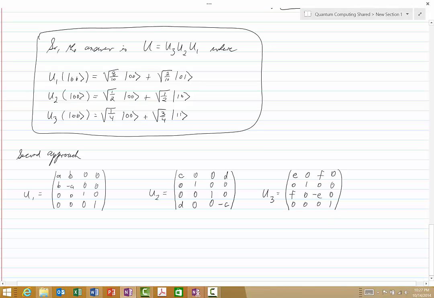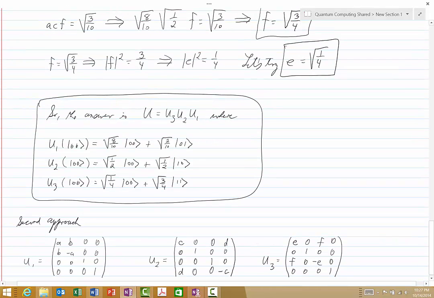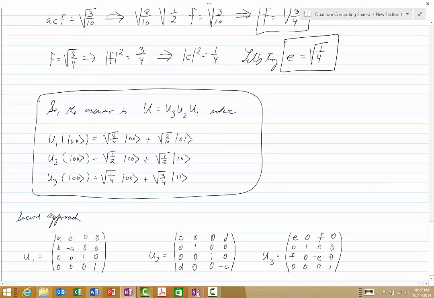This third column could be minus F 0 positive E 0. So there's really two choices for U3, two for U2, two for U1. And so if we multiply those all together, there would be 8 different possibilities that we would need to check.